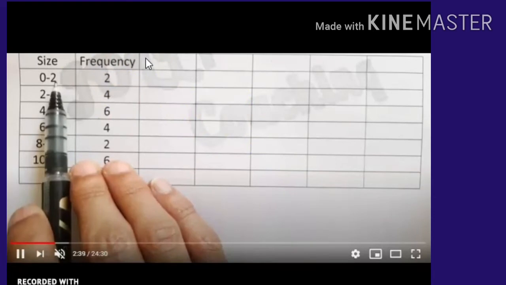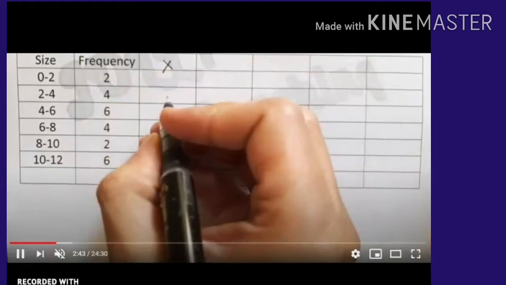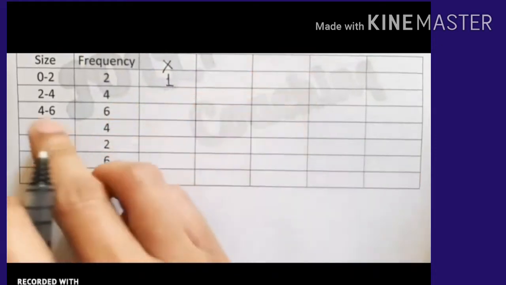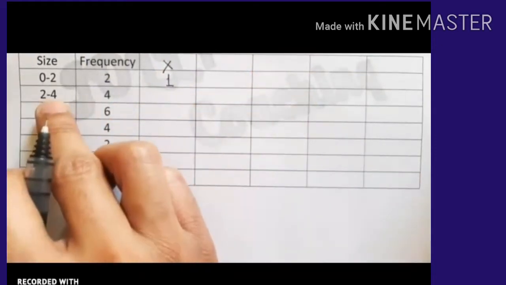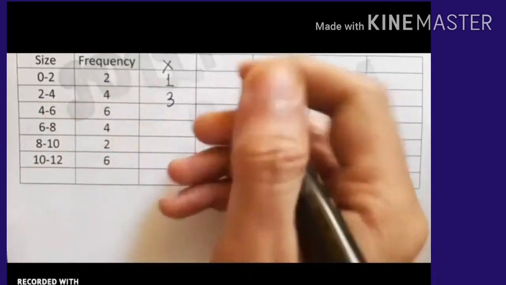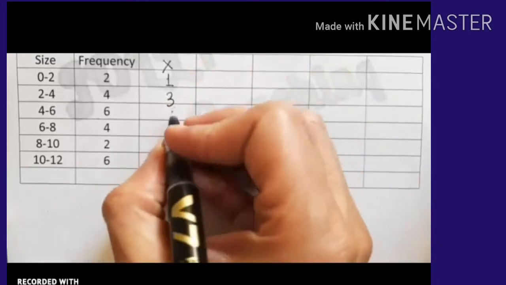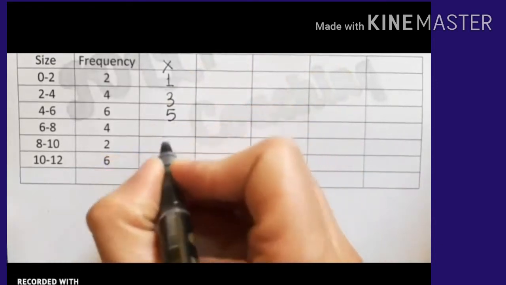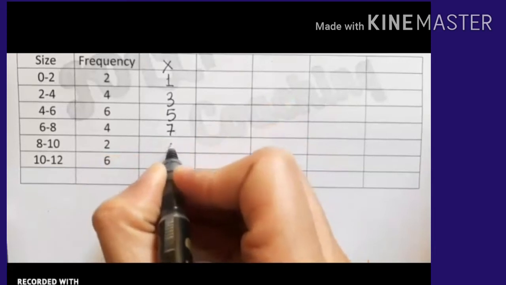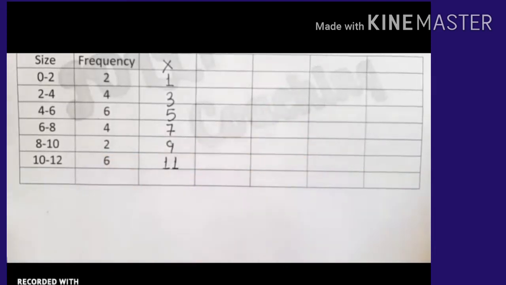So first we will write x. It's 1. Then 4 plus 2 is 6, by 2 is 3. Then 10 by 2 is 5. Then 7. Then 9. Then 11 it comes.